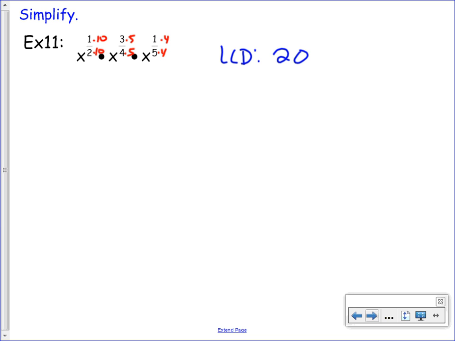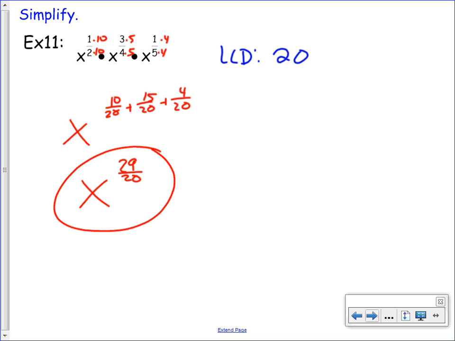So it's x to the 10 over 20 plus 15 over 20 plus 4 over 20, which is x to the 29 over 20. And that's good enough for me. If you could, like, 1 and 9/20, but let's use this.